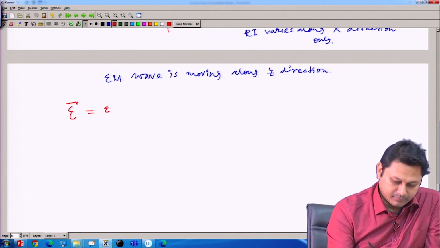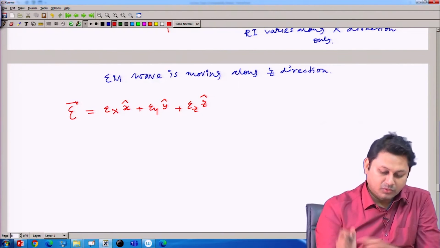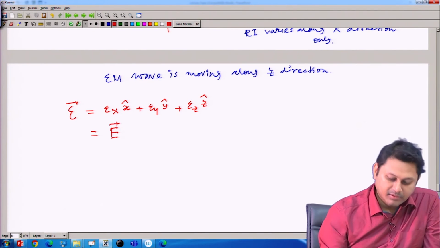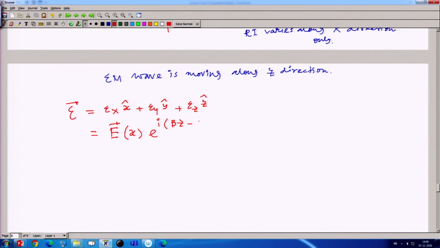Okay. So, now I will write my electric field, the curly E, this way: Ex x unit vector plus Ey y unit vector plus Ez z unit vector. And I can also write this as E vector, which is a function of x, e to the power of i beta z minus omega t.